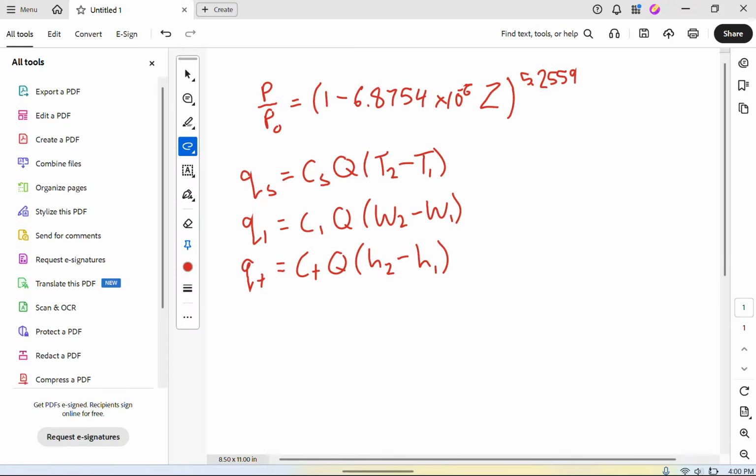So the last equation that is really important to know in this context is the relationship between enthalpy, dry bulb temperature, and humidity ratio.